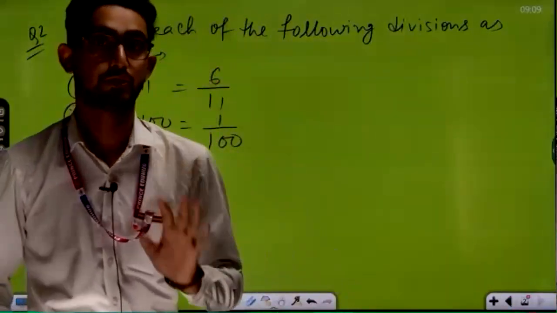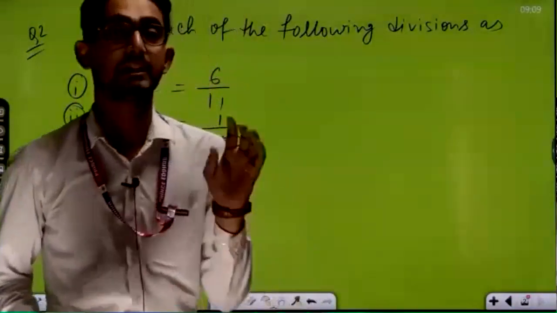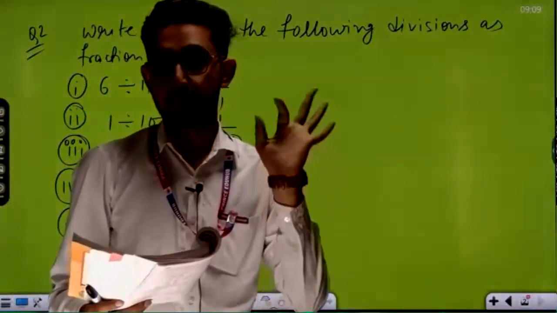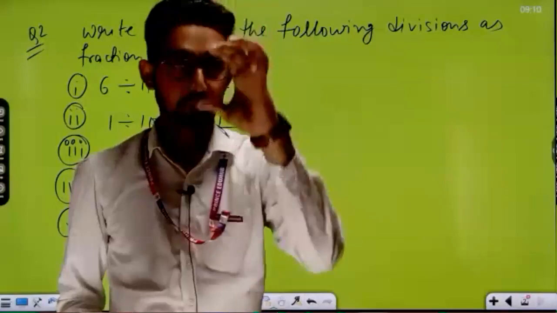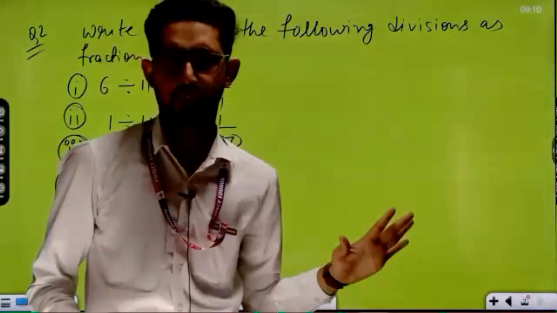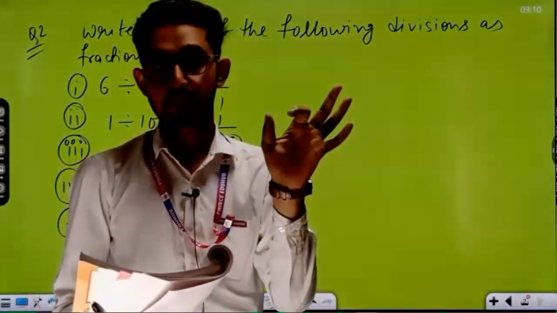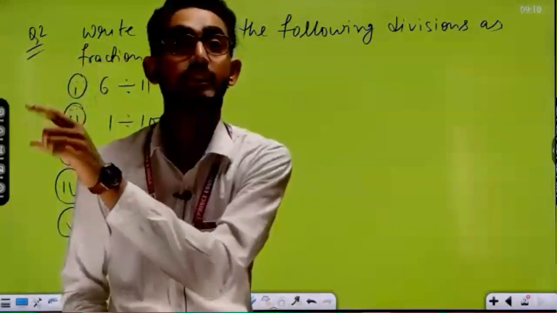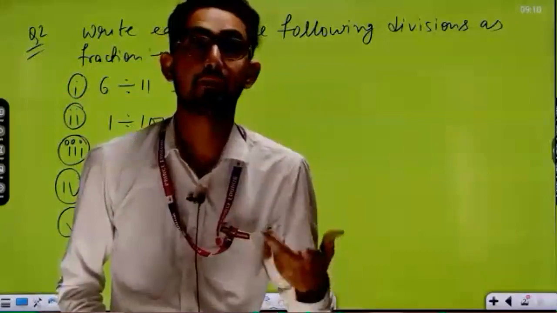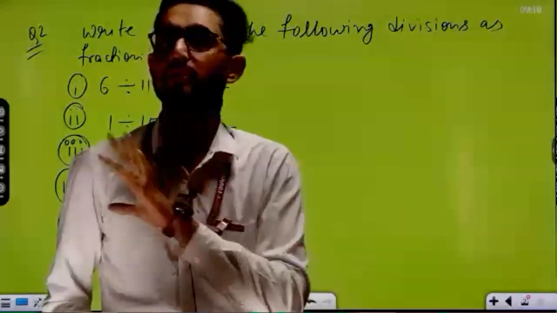Now, for the third question, all of you see in your book. In the third question, what do we have to do? Match the following. Actually 3 columns are there, column A, column B and column C. 4/5, how will we write it in fraction, and how will we show it in a diagram? These questions are very simple.